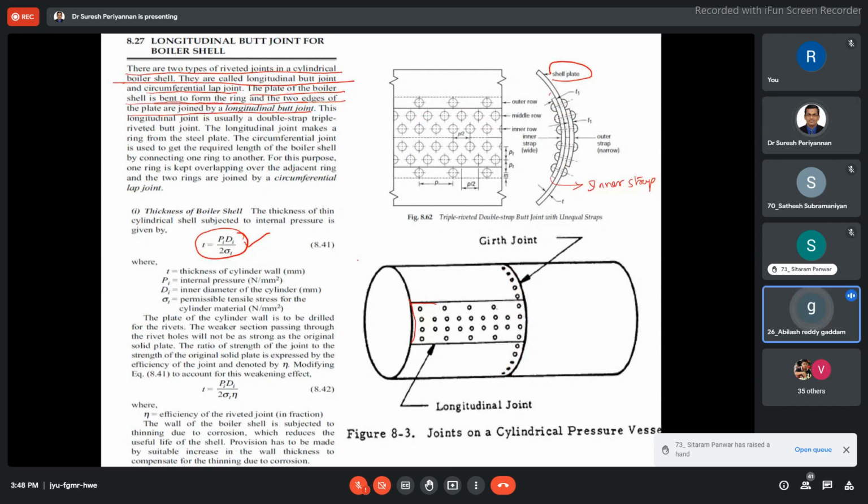Okay, thank you. This is nothing but hoop stress: t = Pi Di by 2 sigma, where Pi is the internal pressure acting inside the cylinder, I mean the pressure vessel, t is the thickness of the wall, Di is the inner diameter of the cylinder, and sigma is the permissible tensile stress. Now we come to the next.